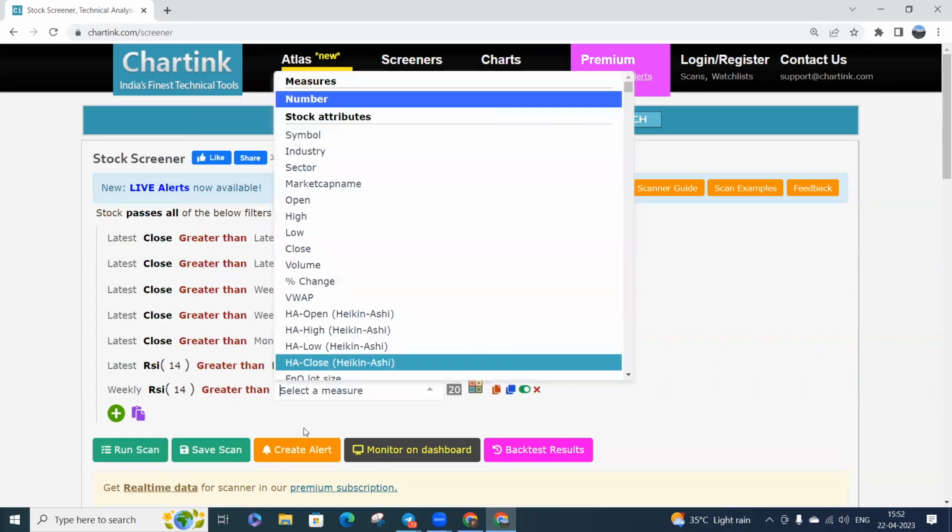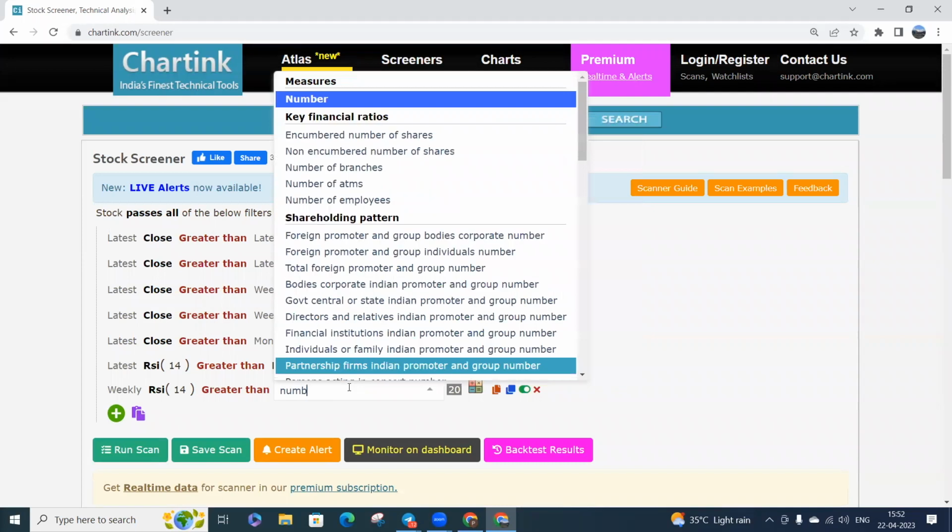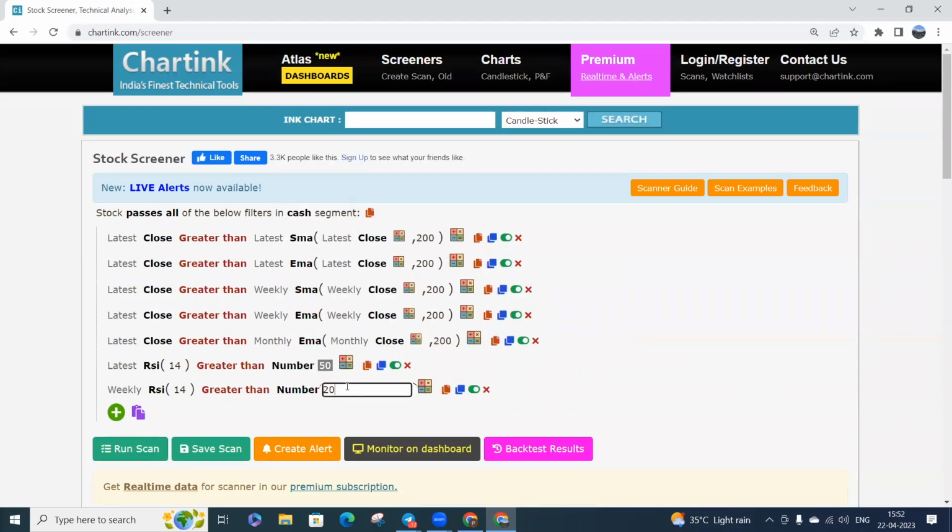I say RSI should be greater than 50, correct? RSI value should be greater than 50, so greater than 50 is 51, correct? Greater than 50 is fine.